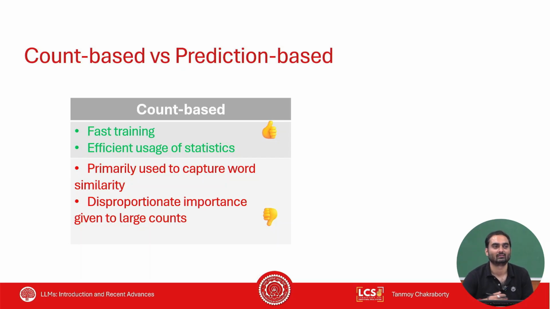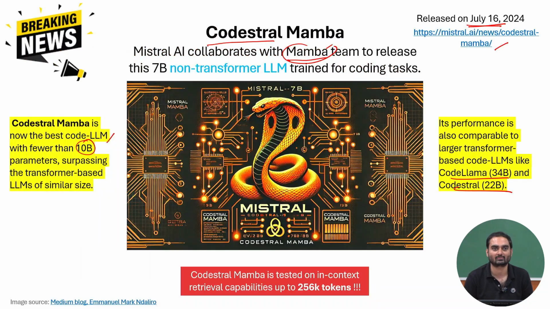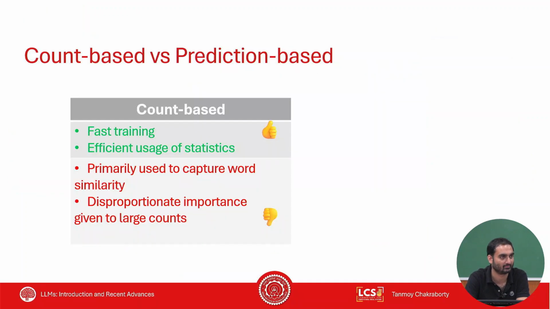We will look at the advantages and disadvantages of count based methods and prediction based methods. Count based methods include TF-IDF based methods, PMI, PPMI based methods. Those methods are fast in training. Why?